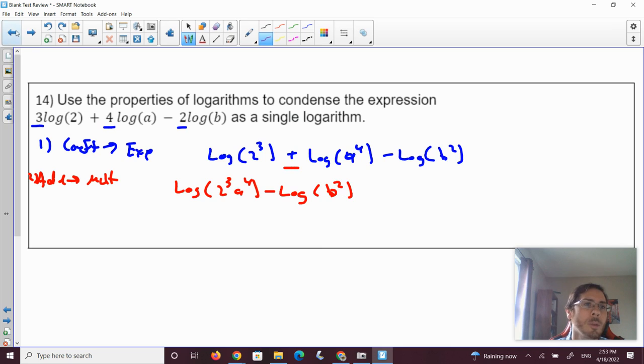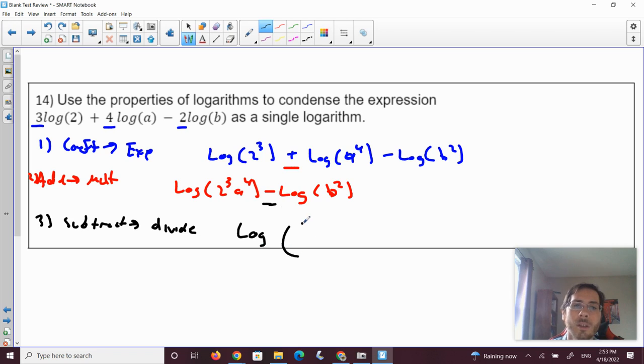And lastly, I picked black. All right. So to finish up our reversal, we're going to turn any subtraction into division. So here I've got a subtraction, so I'm going to turn that into division. So we're going to get log 2 to the third, a to the fourth, over b squared.